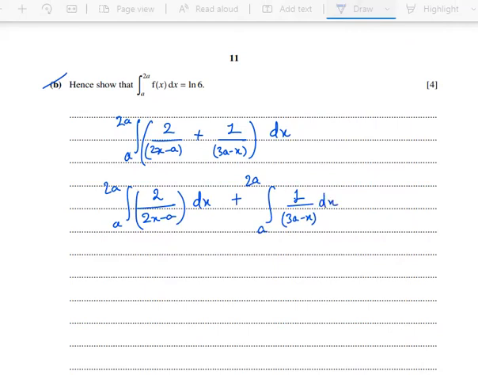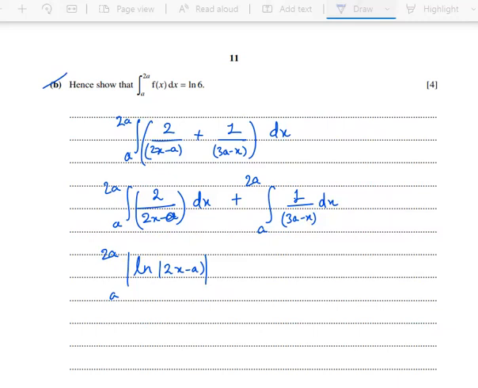All right. So now here this is of the form where the derivative of the denominator is present in the numerator. The derivative of 2x minus a is how much? It is 2. So the answer for this is ln of 2x minus a. A is a constant over here. Under the limits a to 2a, right? Then we have 1 by 3a minus x. 3a is a constant.